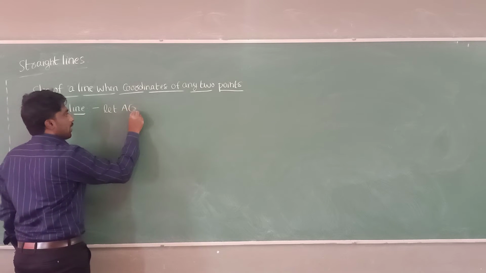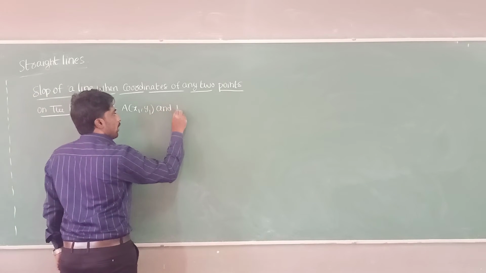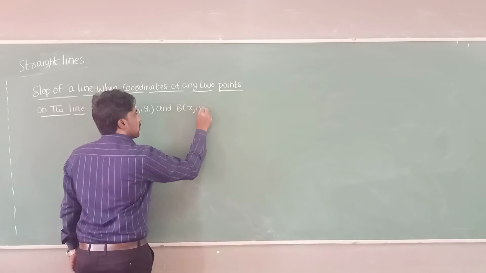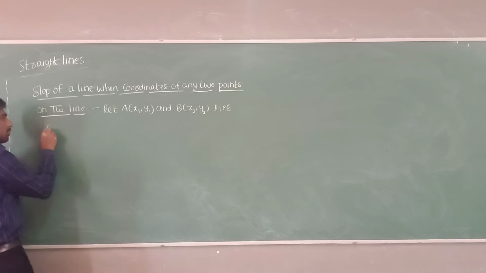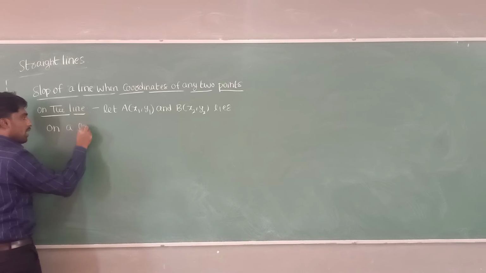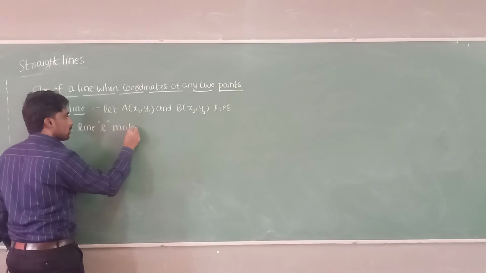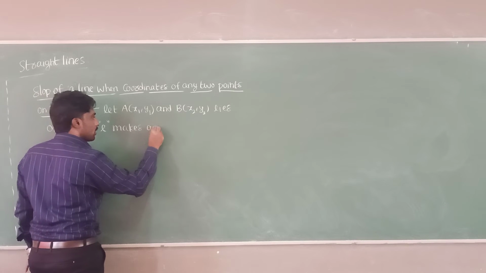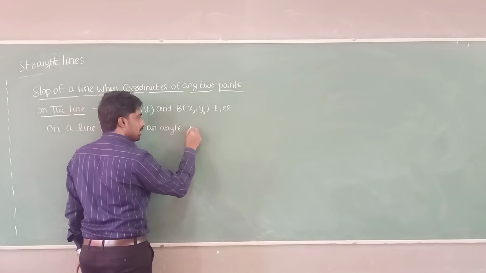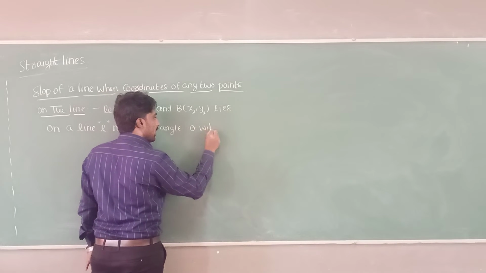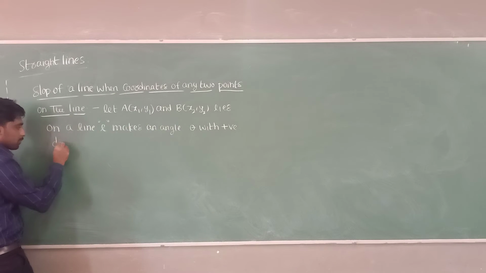Let point A be x1 comma y1 and point B be x2 comma y2 lying on a line L, small l, which makes an angle theta with the positive direction of the x-axis.